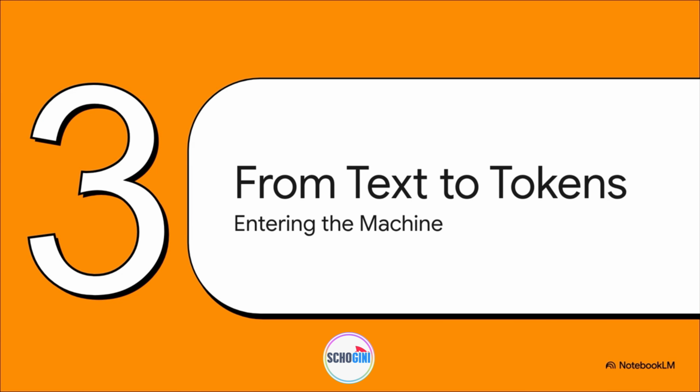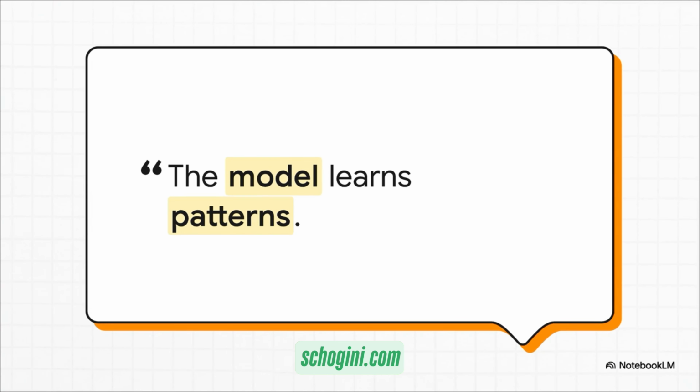Okay, so our model is trained. It's ready to go. So let's get back to our question. What happens the moment you type something in and hit enter? Your words are about to take a little trip deep inside the machine. So to make this easy, let's follow a really simple sentence on its journey. The model learns patterns. Just four words and a period. Simple, right? To you and me, that's just a statement.